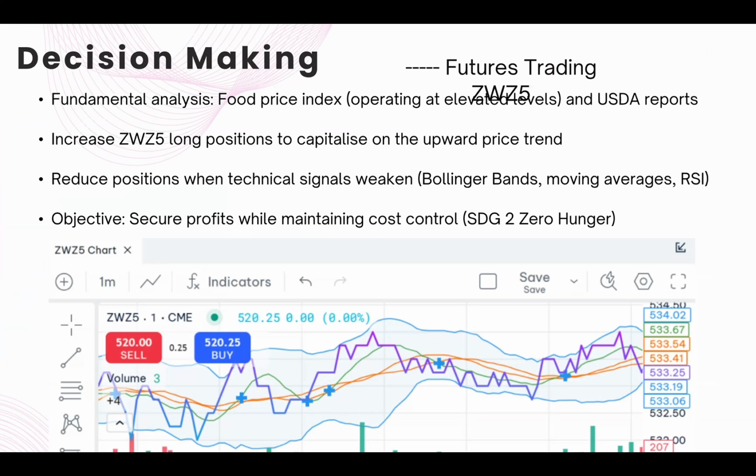The Bollinger band showed weaker momentum, and the moving averages became flat. At the same time, higher wheat prices increased our costs, as beer companies use wheat as a raw material. So we decided to reduce our positions. This allowed us to secure profits while keeping costs under control, still linked back to SDG2.